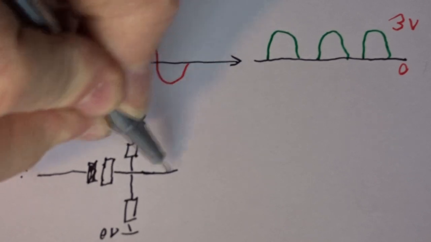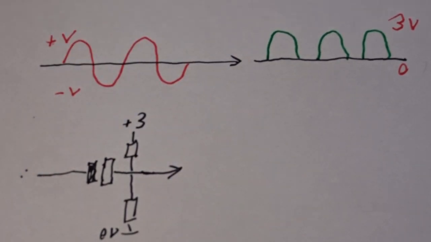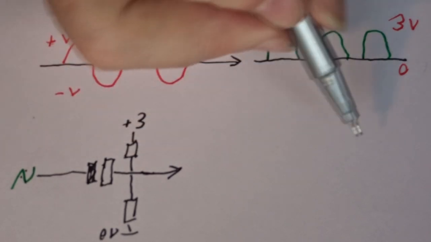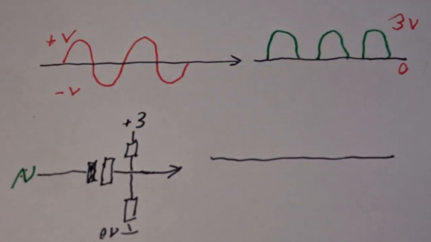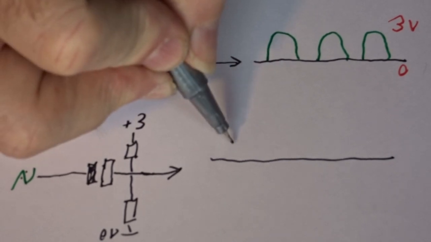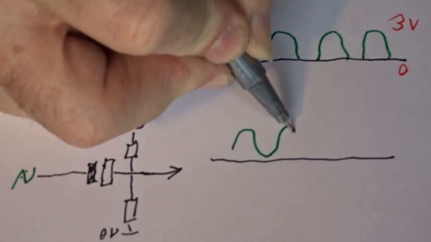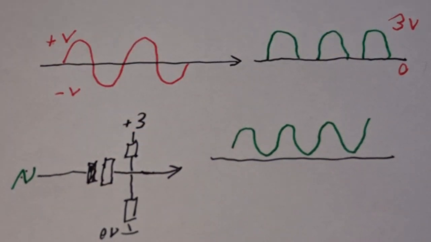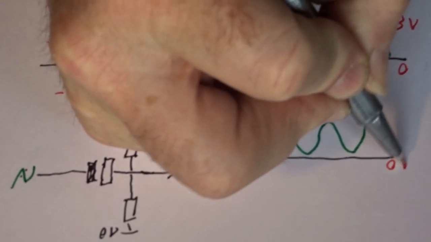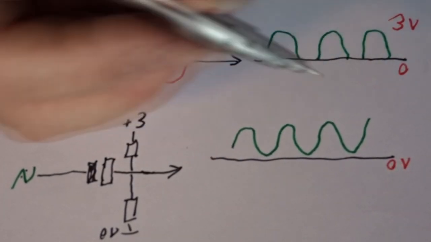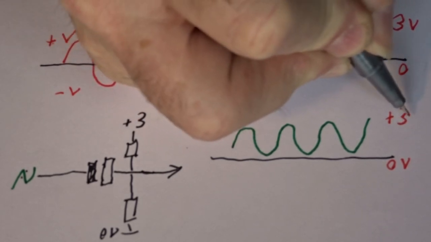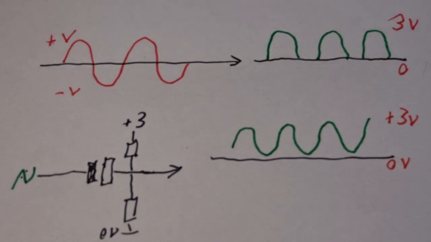And what this will mean is that, provided we attenuate it suitably, we'll then have a signal that will hit the GPIO pin looking a bit like this. So it's going between 0 volts at the lowest level up to plus 3 volts. So I'm going to build that.